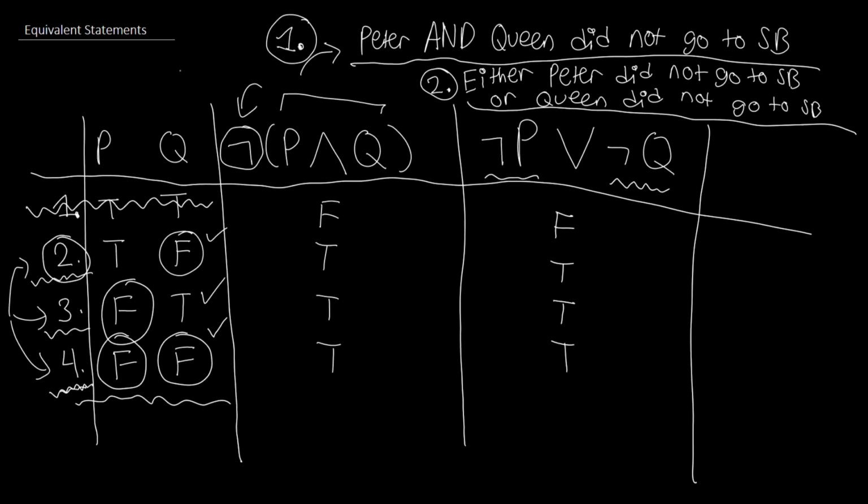And no matter what the person says, if the person said statement number 1 or if the person said statement number 2, both of them, even though these are different statements, convey the same sort of information. It both told you that either you are in universe number 2 or universe number 3 or universe number 4.